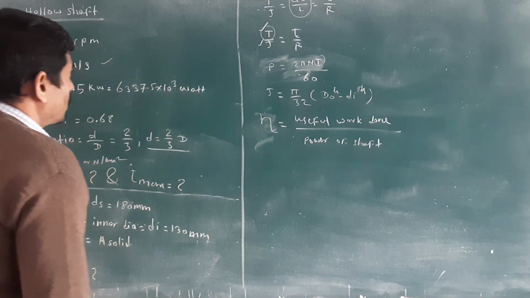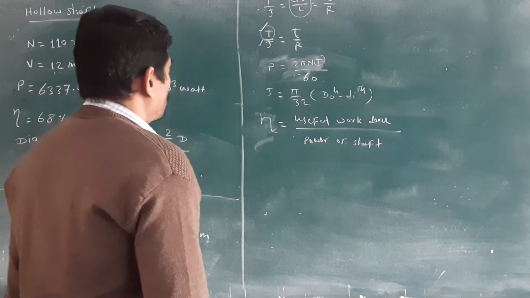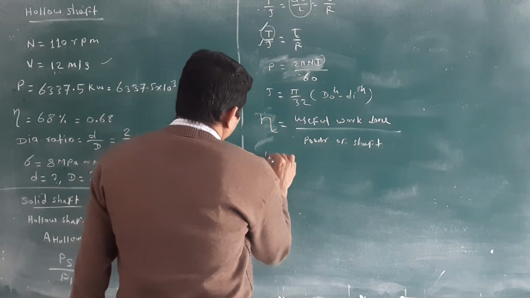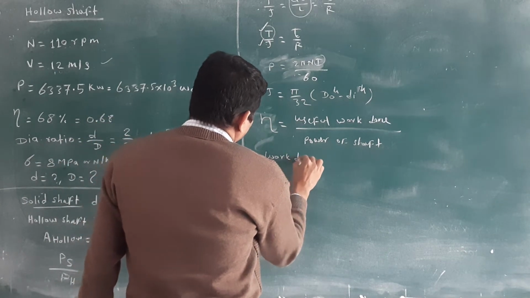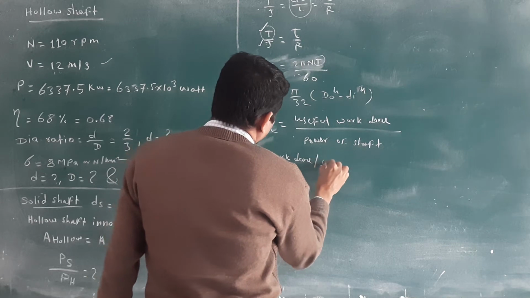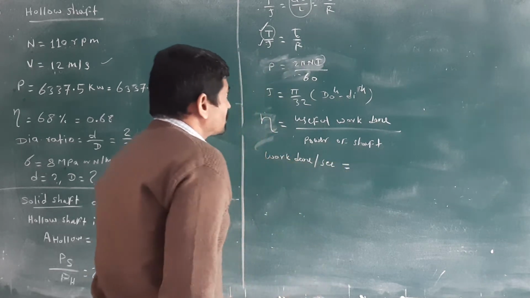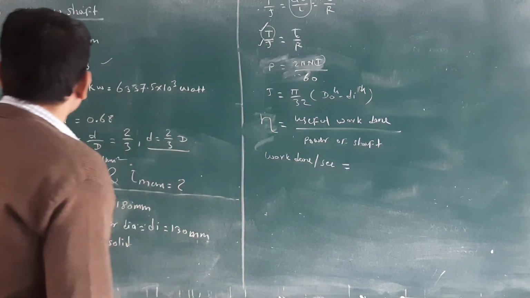Then how do we calculate that useful work done? We want to calculate the work done per second for that thrust. We know the thrust force.